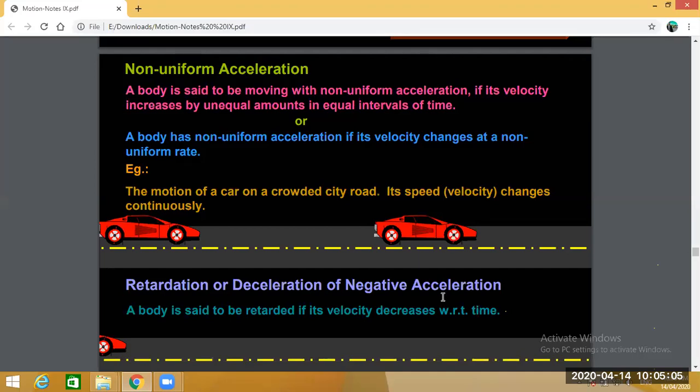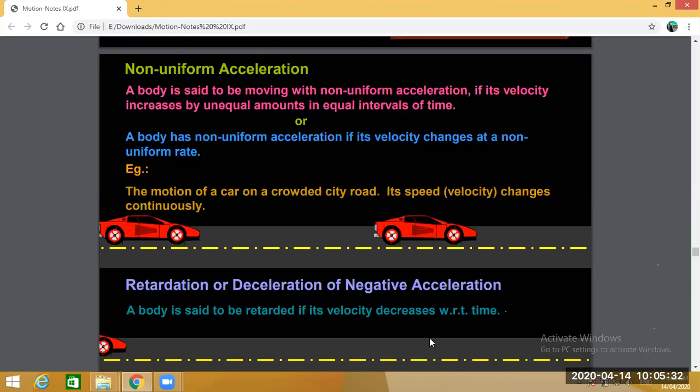As for example, when you start from your home and move continuously, and as soon as you are about to reach your school gate, you apply brake to your bicycle, and the speed of your bicycle slowly changes and ultimately comes to rest. In that case, your cycle is said to be retarding or decelerating.